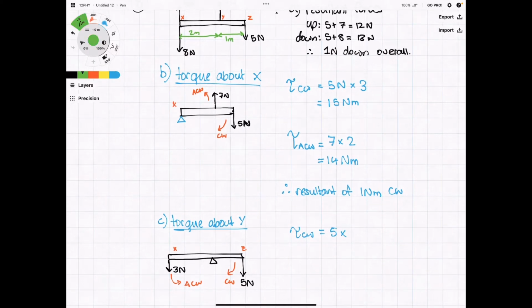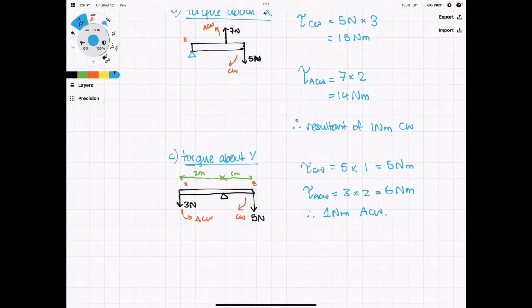That should be 1 meter. And the other side, if I was any good at drawing, should be 2 meters. All right, 5 times 1 equals 5 Newton meters. And torque anti-clockwise equals 3, because we've cancelled them out, times by 2 equals 6 Newton meters. Therefore, our resultant is 1 Newton meter anti-clockwise. Okay, do you start to see how we're going there?